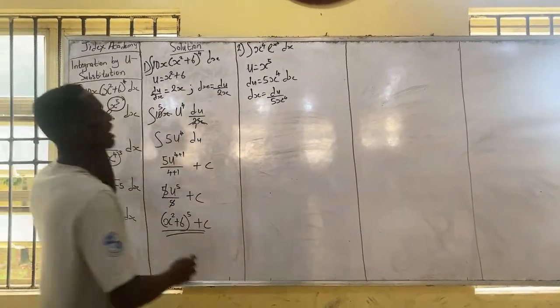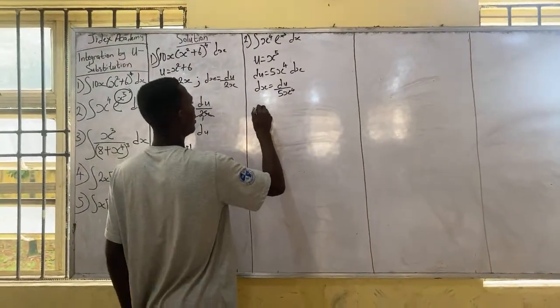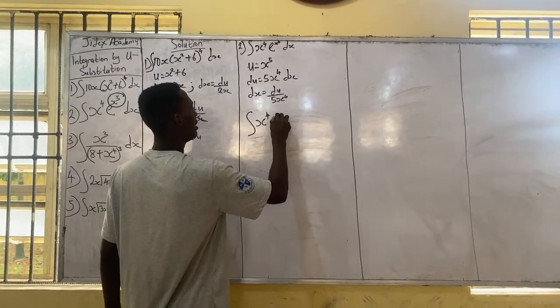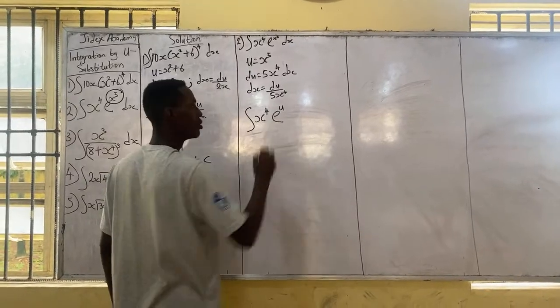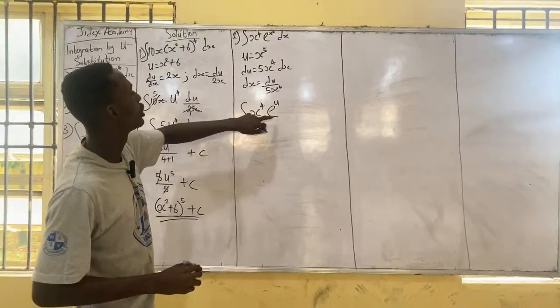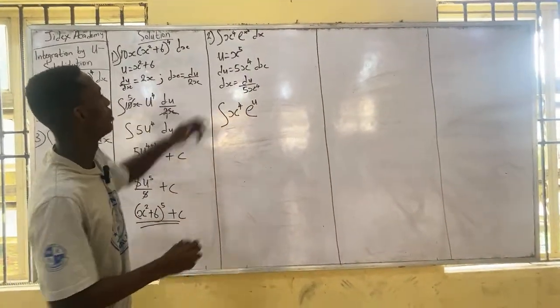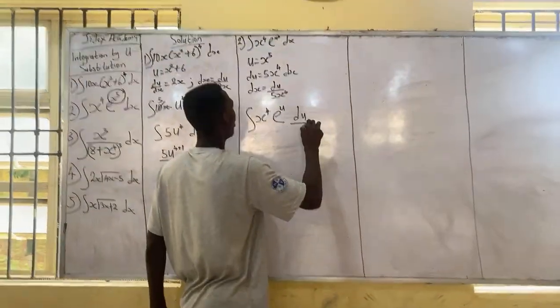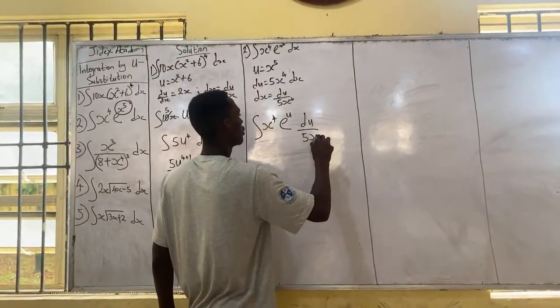So we can now rewrite this as the integral of x to the power of 4, e to the power of u, because that is what we equate to u, then dx is equal to du over 5x to the power of 4.